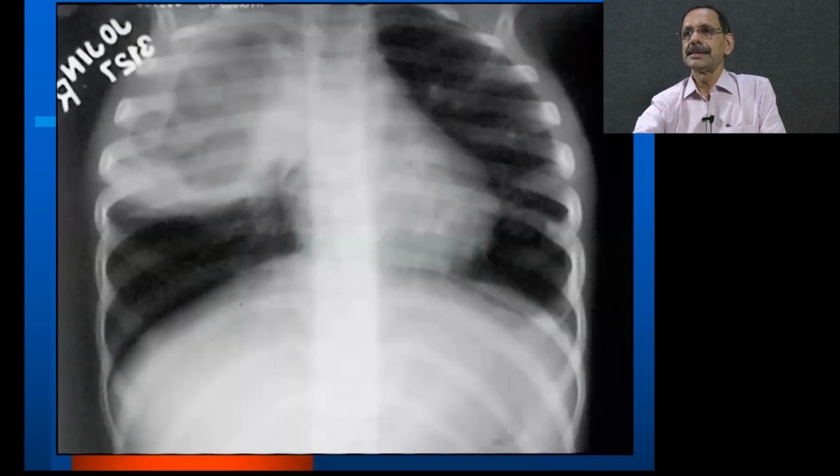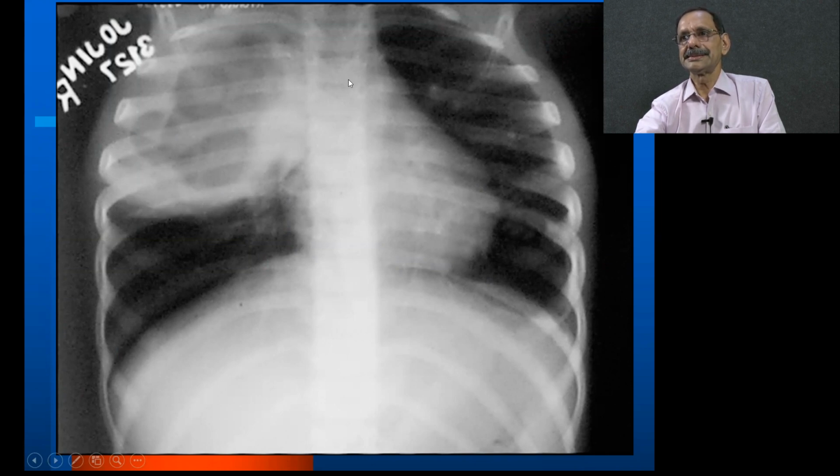So here we have a big area of consolidation with areas of liquefaction. It is a necrotizing pneumonia, which is characteristic of, say, Staphylococcus or maybe Klebsiella. The sagging horizontal fissure is supposed to be characteristic of Klebsiella in elderly patients, but it is not really typical.